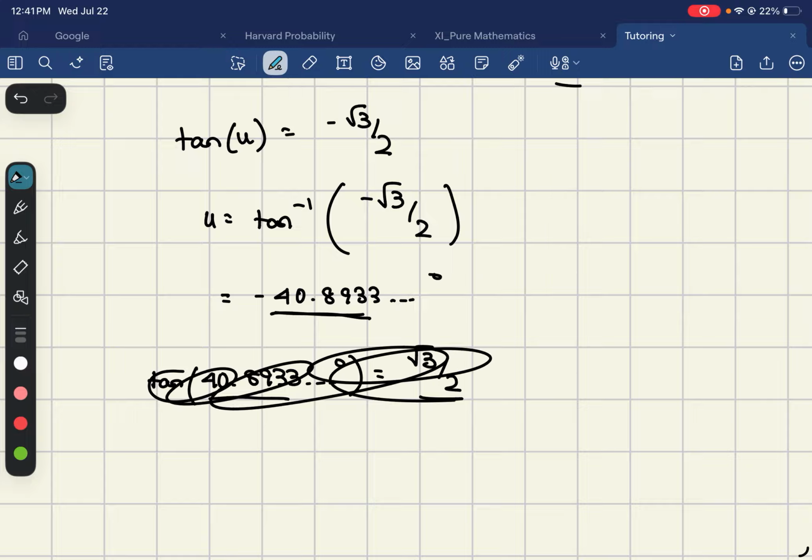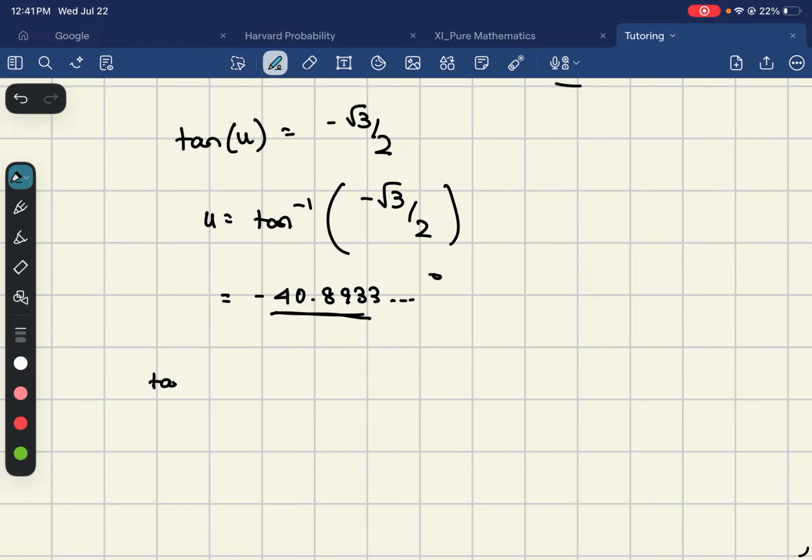So let me just quickly tell you why. If tan of negative 40.8933 degrees is giving me negative root 3 by 2, but tan is an odd function, so tan of negative x is negative tan of x. And if I cancel negative signs on both sides, I know that tan of this angle is root 3 by 2. Now, if I have an acute angle, I can figure out my answers in any quadrant.